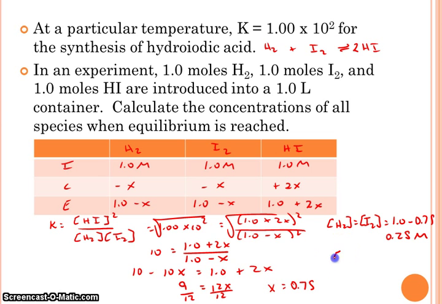And when we look at the concentration of hydroiodic acid, it's going to be 1.0 plus 2X, which is going to give us 2.5 molar. And then what we could do is take the concentration of hydrogen and iodine and the concentration of hydroiodic acid and plug it back into the original K expression and double check that it adds up to 1.00 times 10 to the 2. And it does.